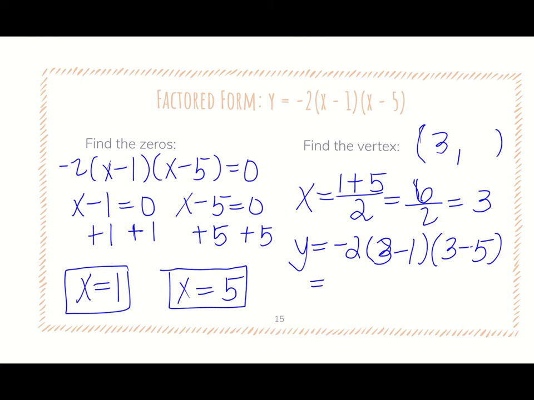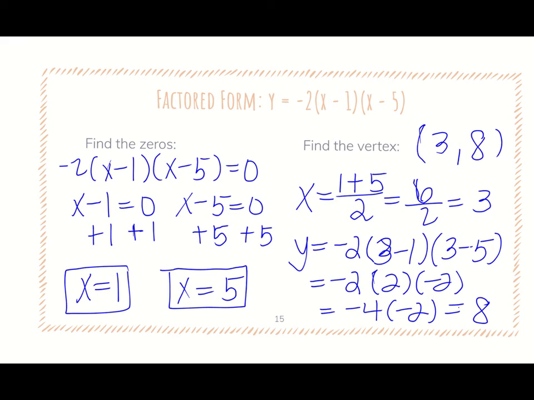So we would get -2, 3 minus 1 is 2, 3 minus 5 is -2, -2 times 2 is -4, -4 times -2 is +8. So our vertex should be at 3, 8. If we did not get that, please make sure that we have that copied down in our notes. If you made any mistakes, make sure you fix those. Otherwise, hopefully we ended up with the correct answer. Now let's go ahead and take a look at the other forms.